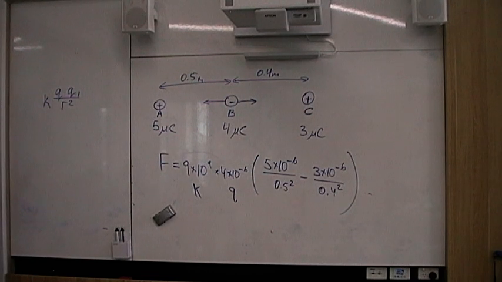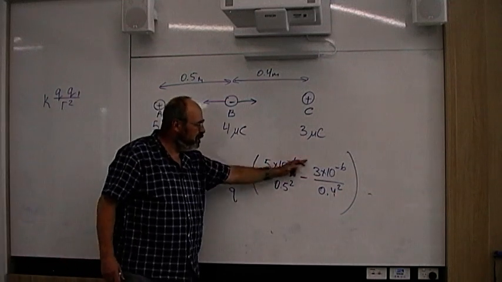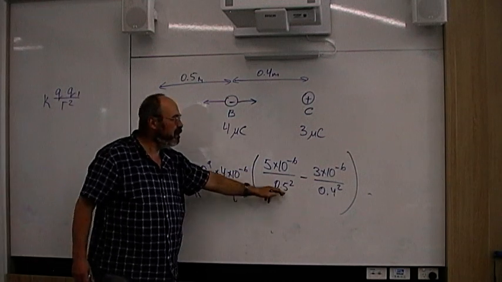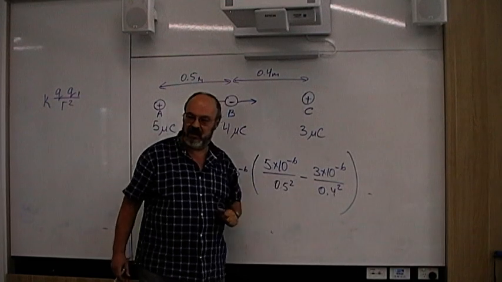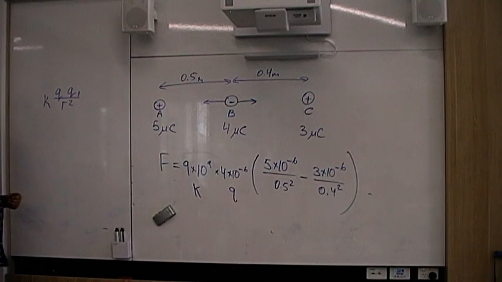And over R squared is the distance between those, squared, and from this one the distance between those, squared. If this result is negative, that means the force is overall to the right.